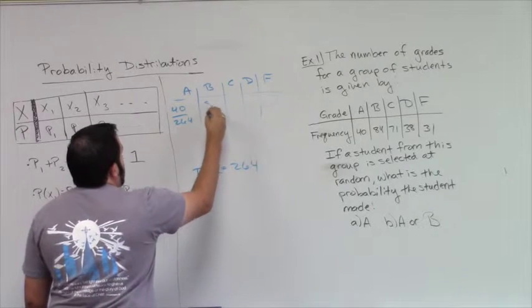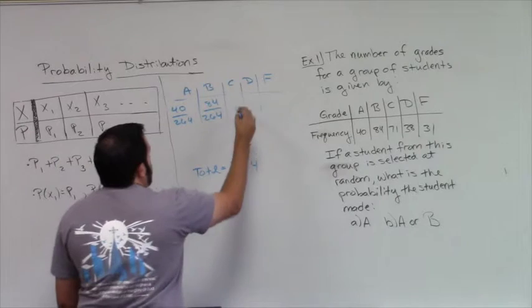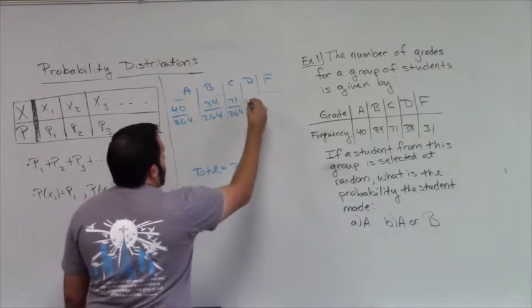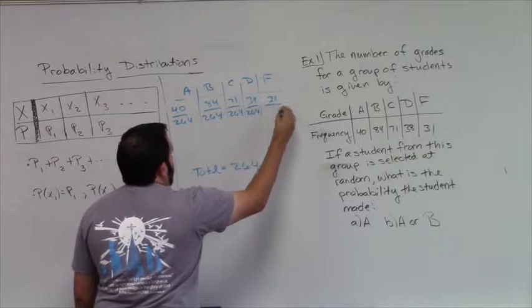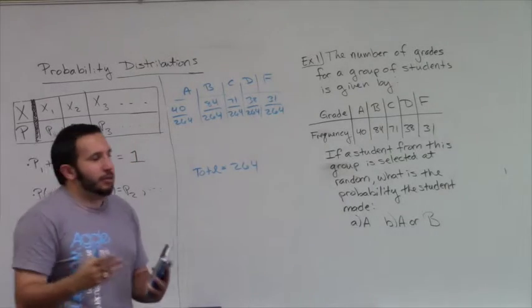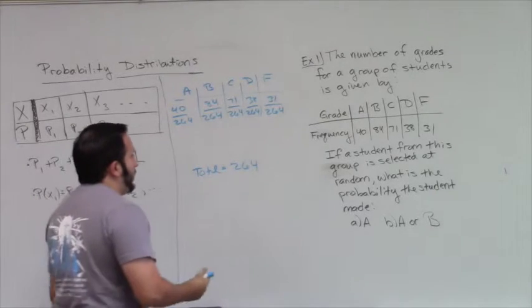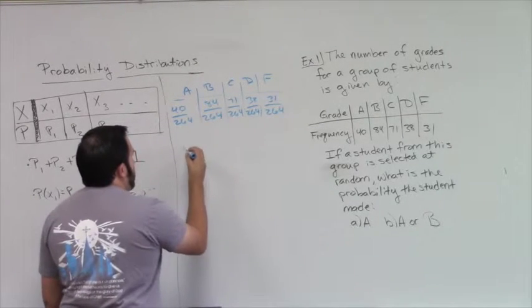B would be 84 over 264. C would be 71 over 264. D would be 38 over 264. And then F would be 31 over 264. And now what you have is a probability distribution.